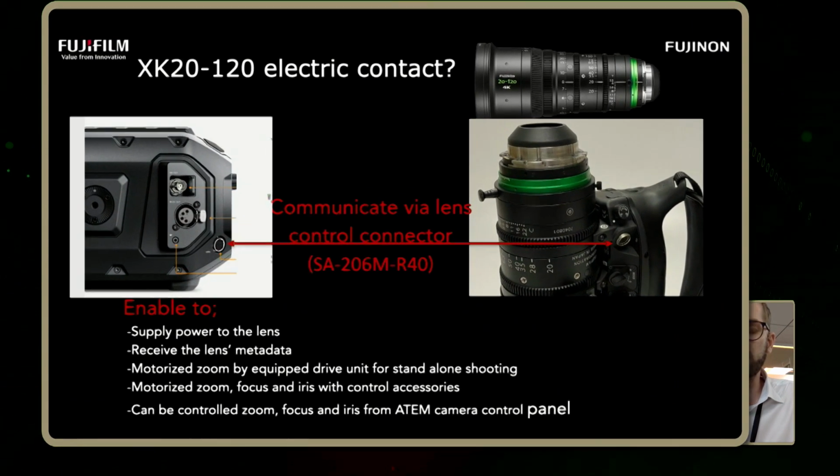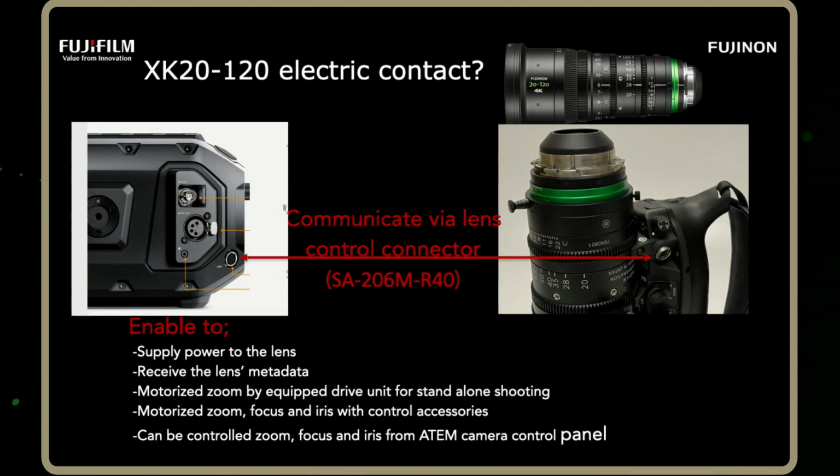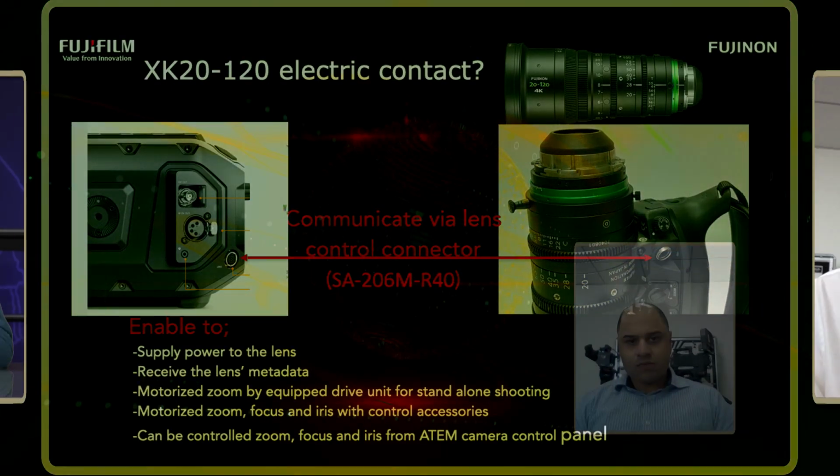So it means that the XK20 to 120, while it's a cine lens, can also be used in a very similar way to an ENG lens because of the servo. That makes it super versatile for ENG, documentary style run and gun shooting, but with a Super 35 cinematic camera.